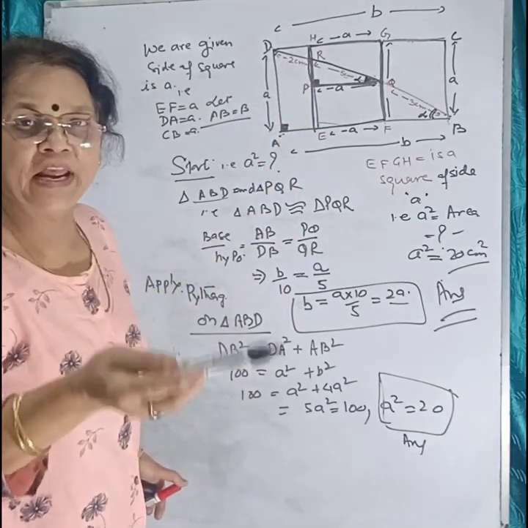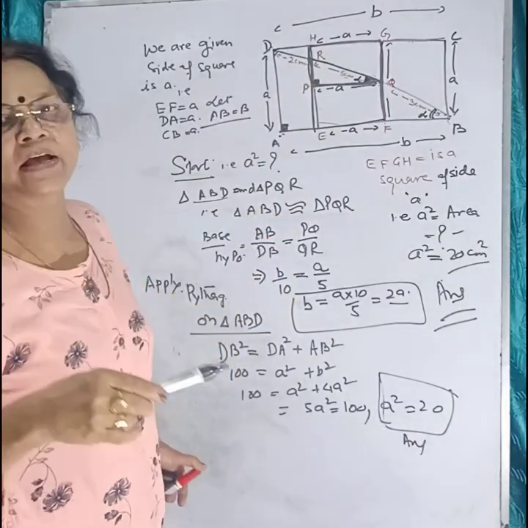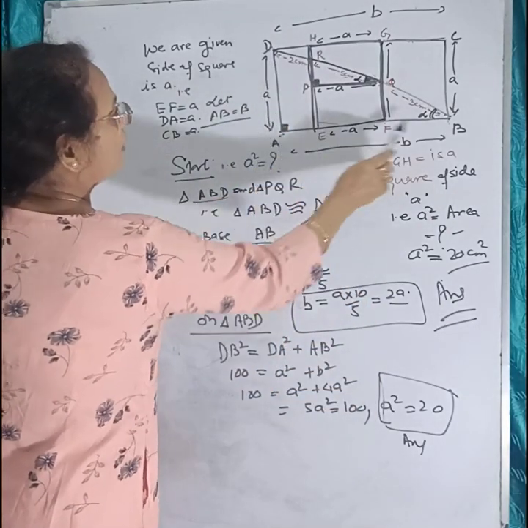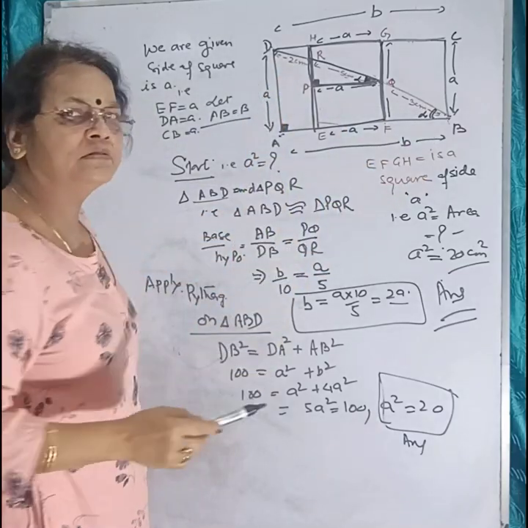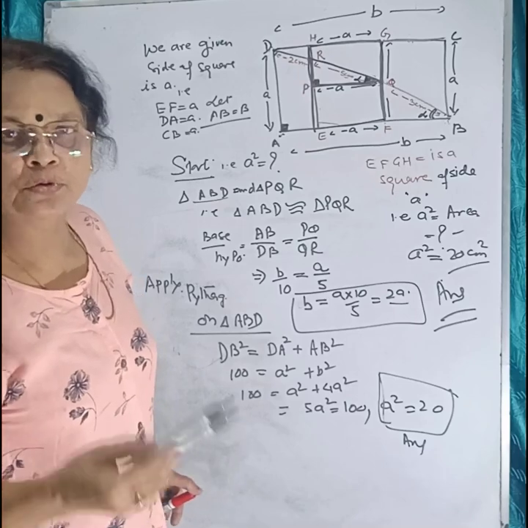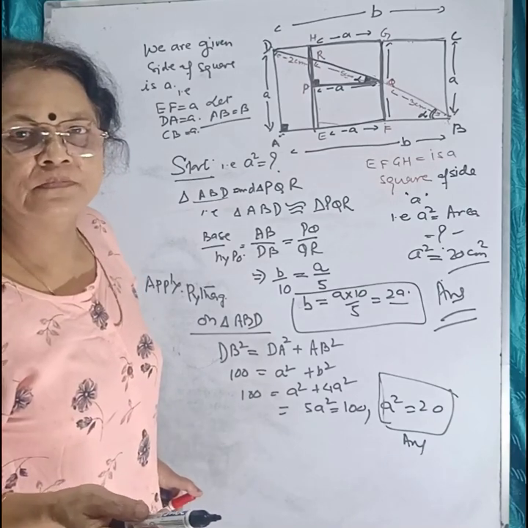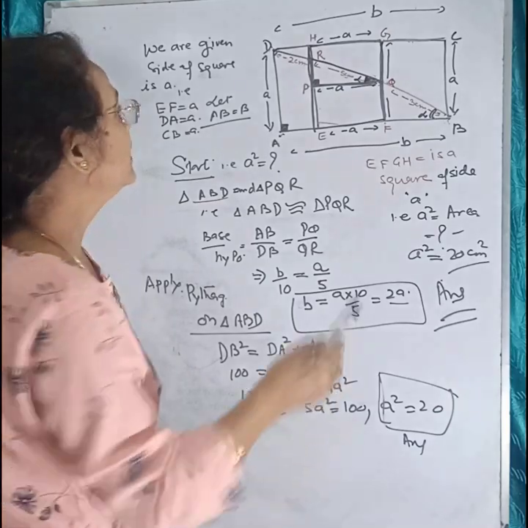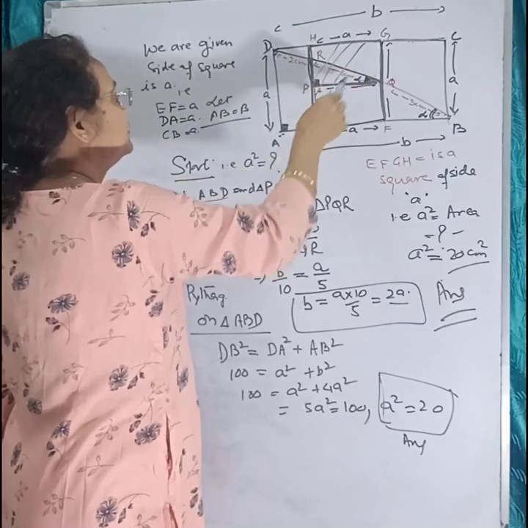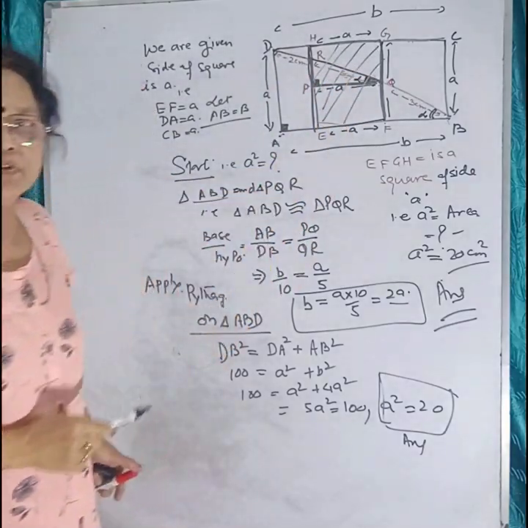Relation between A and B. Other than that relation, we are also having the relation as per the Pythagoras between A and B, that square of A plus square of B is equal to hypotenuse square, which is 10. 100 is equal to A square plus B square. Then B becomes equal to 2A, and then from there we can obtain the value of A square. A square is the area of this square EFGH. This is the answer.